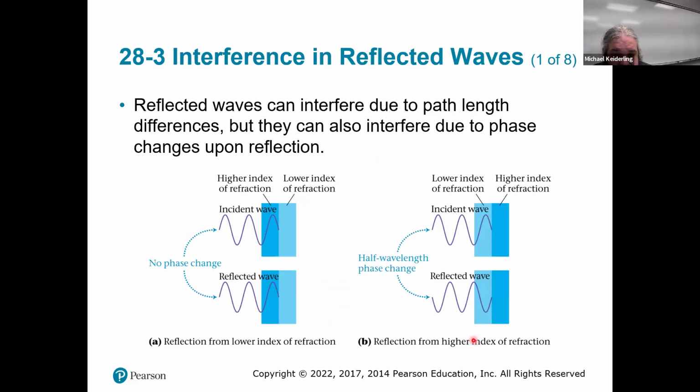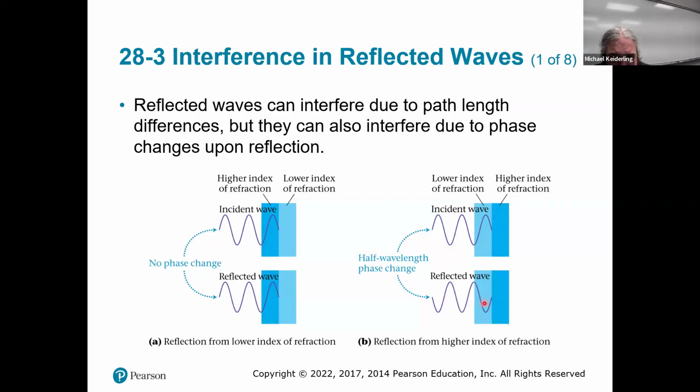Now, a very common form of interference that you'll see is interference with reflected waves. When you go from a higher index of refraction to a lower index of refraction, the reflected wave does not have a phase change. But when you go from a lower index of refraction to a higher index of refraction, there is a half wavelength phase change, so there will be interference there.